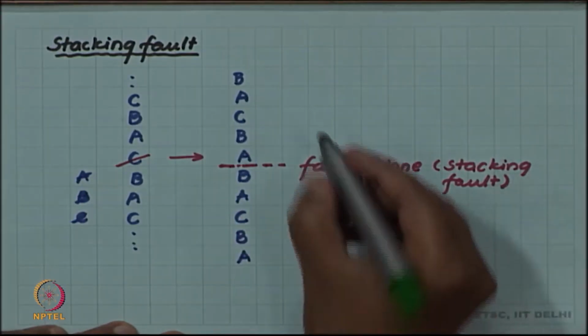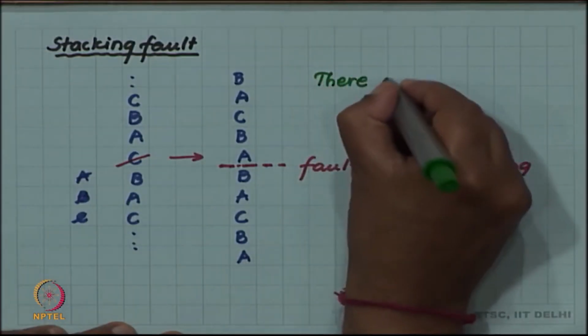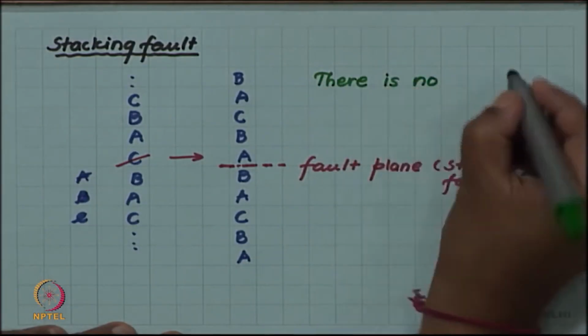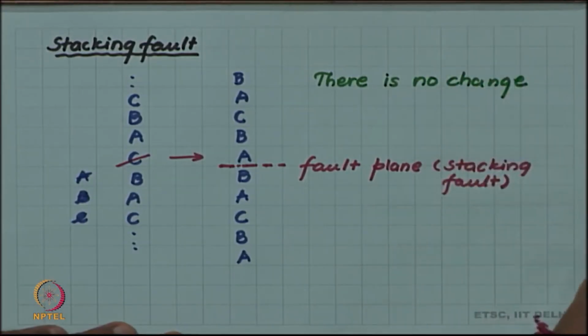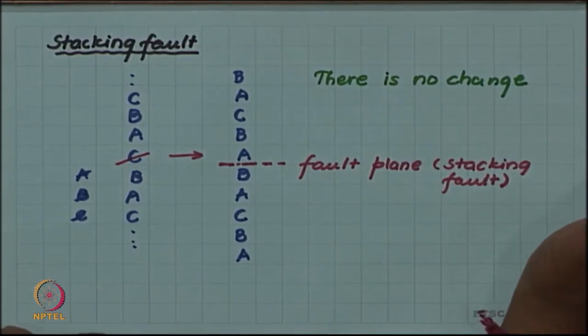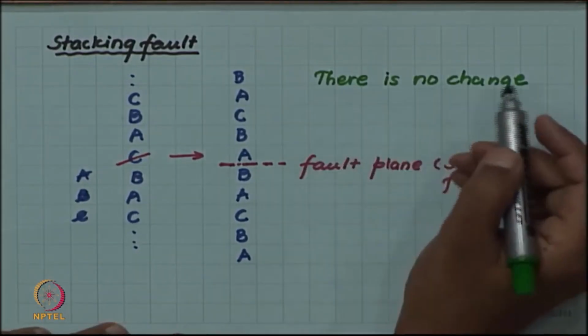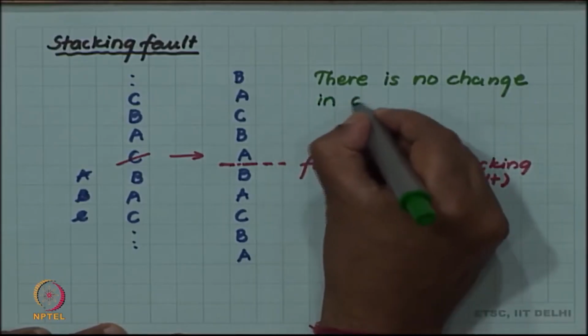So, let us note that. This is different from what we studied in grain boundary, where across the grain boundary the two crystals were differently oriented, but here across the stacking fault there is no change in the orientation.